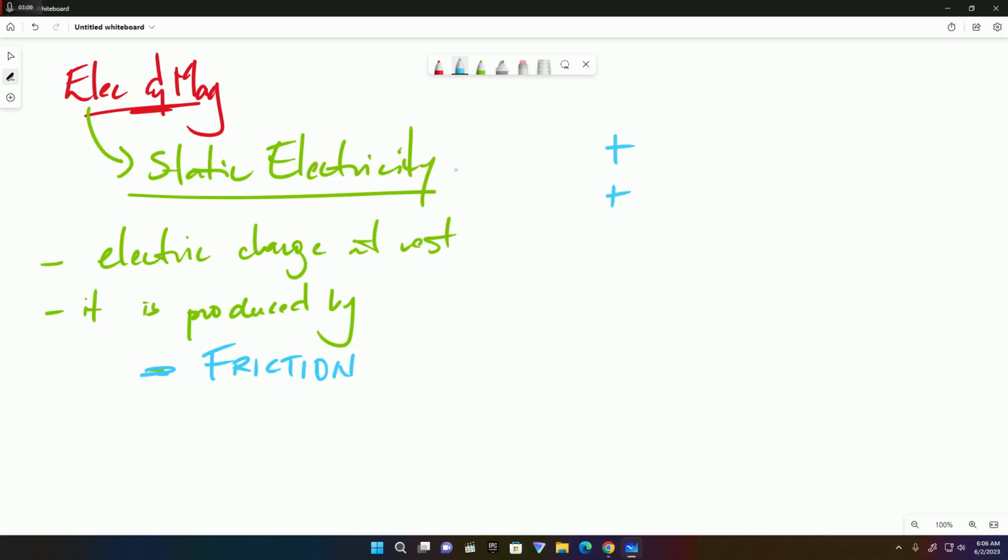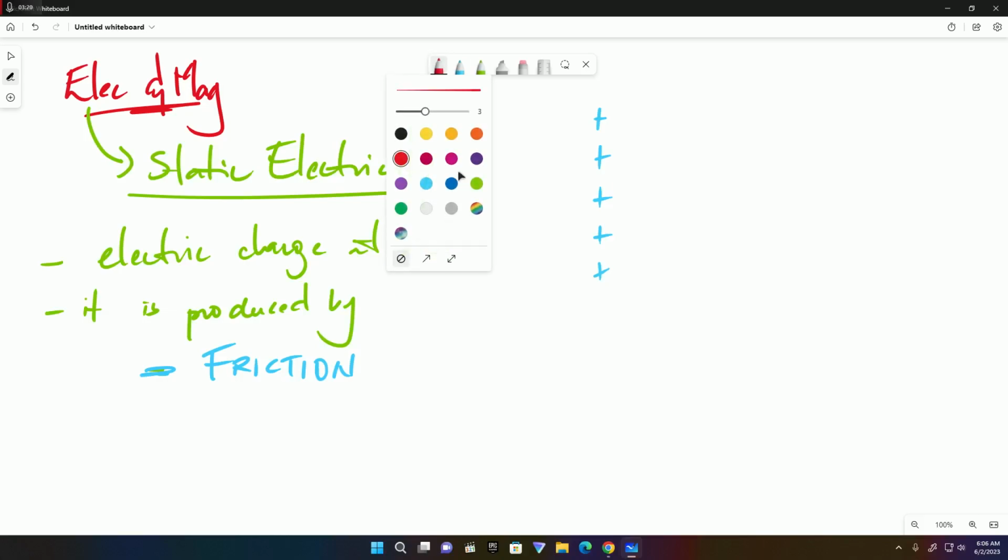Say I have equal amounts of positive and negative charge, right? Positive and negative charge.